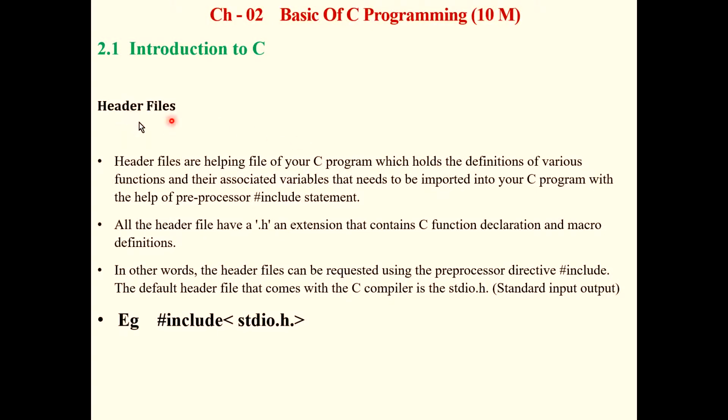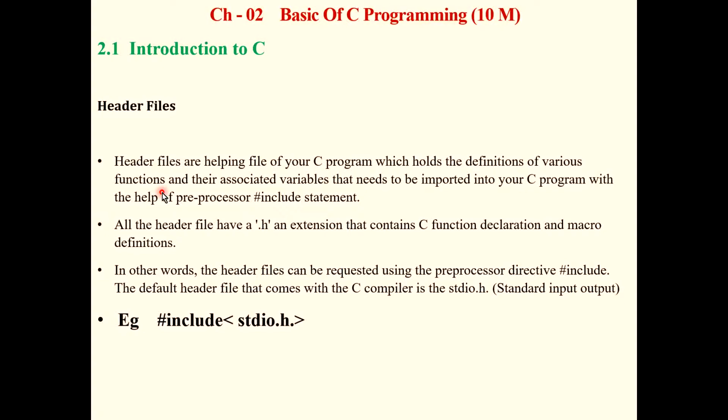Next, first is the header file. What is a header file? Header files are helping files of a C program which hold the definitions of various functions. Okay, so definition means when you use any function in your program, at that time you must declare the header file.